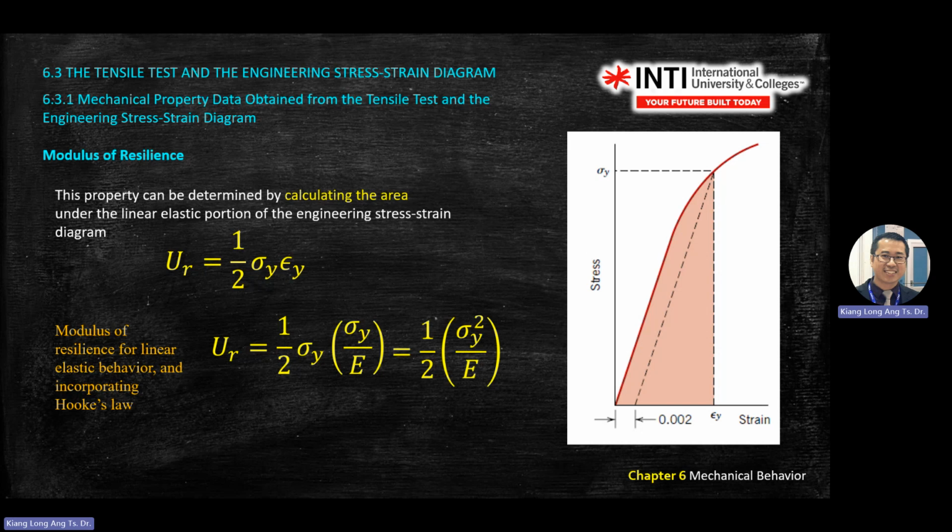When you know the yield stress, you can straight away calculate the resilient energy or modulus. E you can get from the table. Every type of material has an E value. This one is from the graph. To find this sigma Y, you need to do the 2% or 1% analysis, depending.